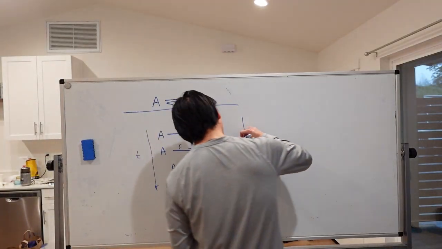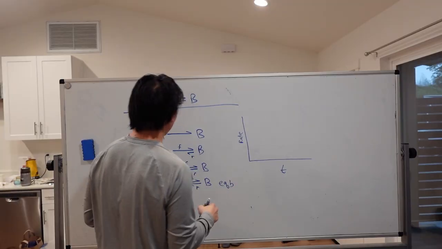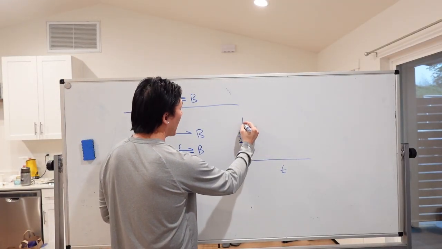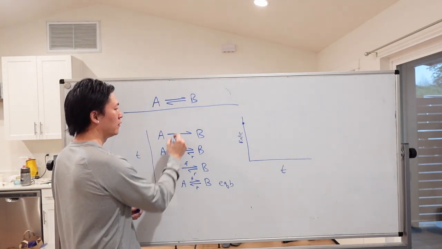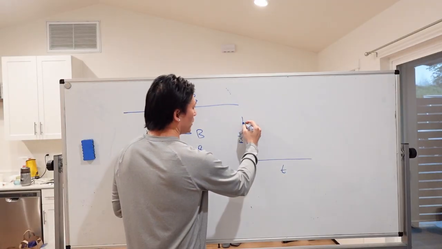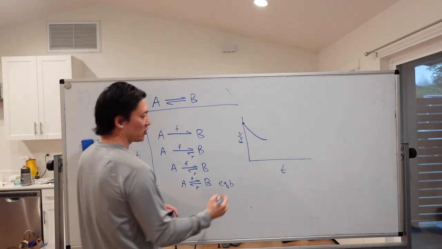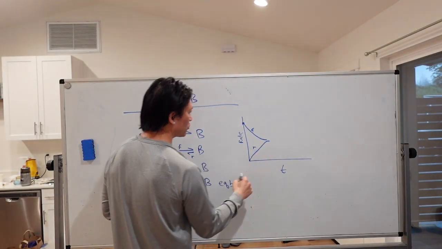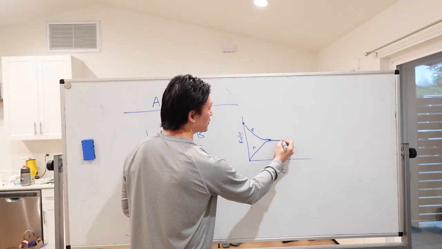So if we write rate on the vertical here, we can say the rate of A turning into B is high at first. It's a high rate because that arrow is so large. It's the forward rate. It eventually will reach some amount, and then they will eventually equal. So this is the forward rate, and this is the reverse rate. The reverse rate is starting to increase, and then eventually they reach the same amount.